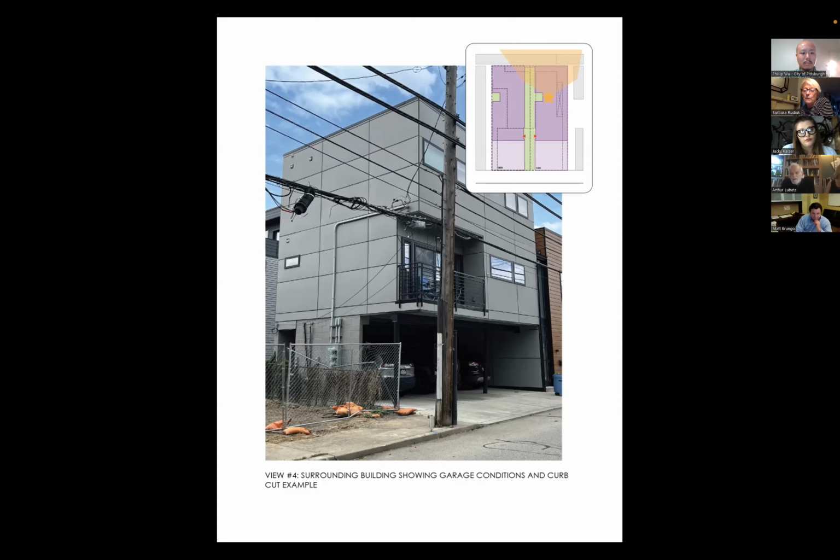And so there are more cars coming out. One more, so 1, 2, 3. So there are 4 more cars coming out onto an extremely busy street. Like the entire block basically becomes one big curb cut there.